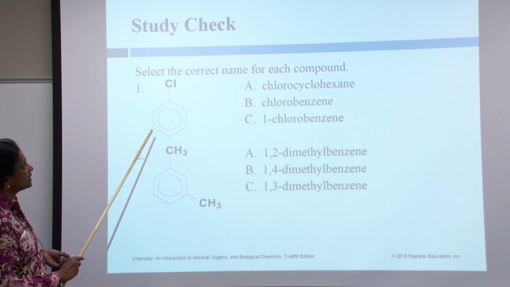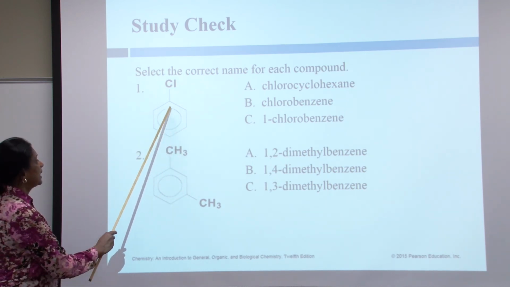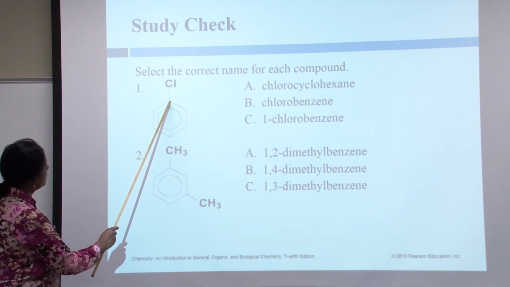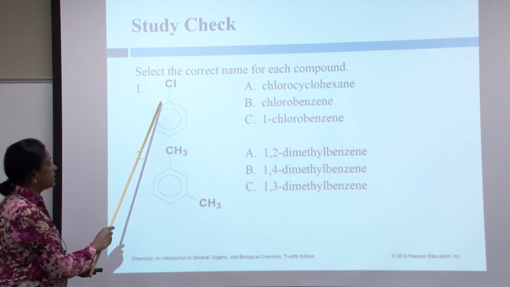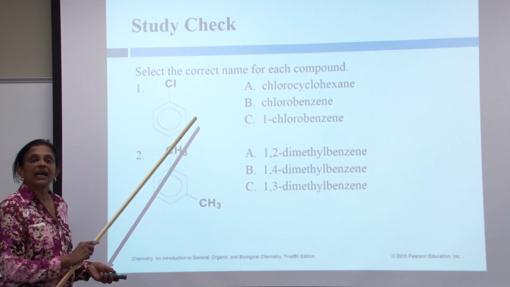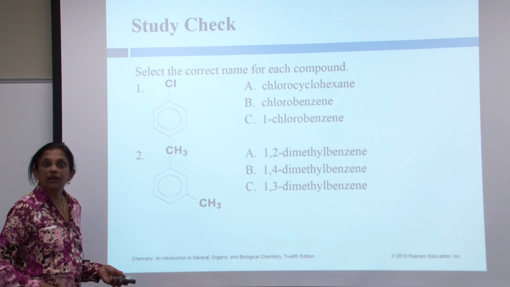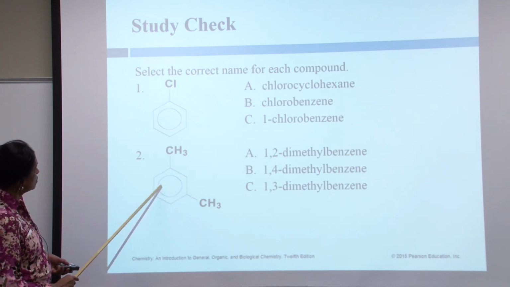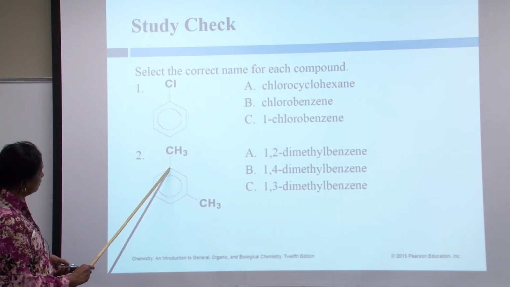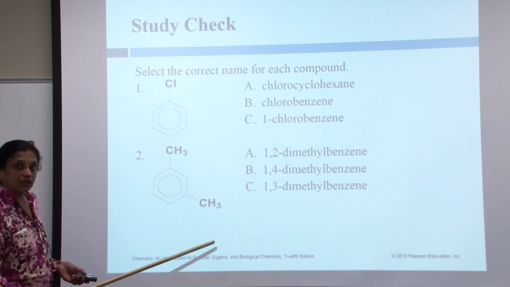Now, let us select the correct name for these. I am looking at a benzene ring and 1 substituent, chlorine. When there is just 1 substituent, I do not have to number, so I'm going to go with chlorobenzene. Looking at this compound, I see a methyl substituent, so I have to give number 1 to a methyl substituent.